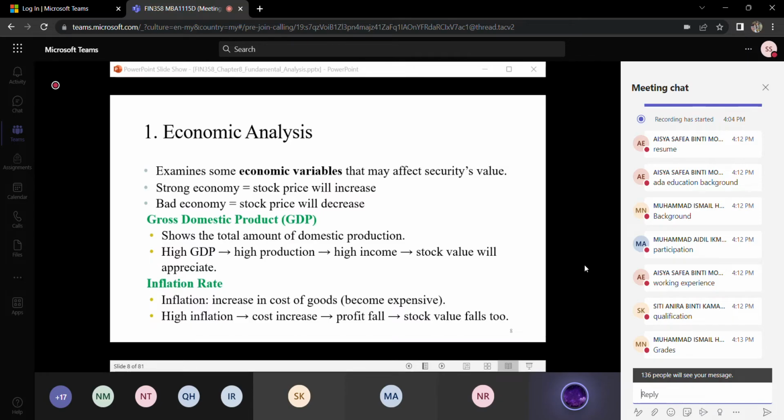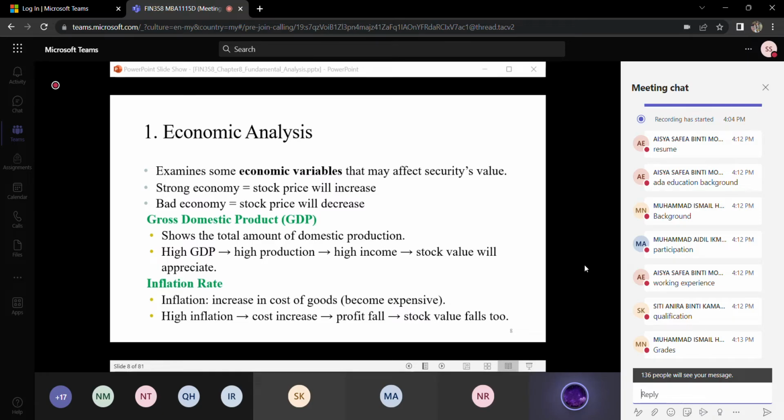So that one is count, right? That one is we want to know seseorang itu baik atau tidak. So kalau for economics, so economics sama juga. Kita pun ada indicators, right? Untuk tengok sesebuah ekonomi itu baik atau tidak.